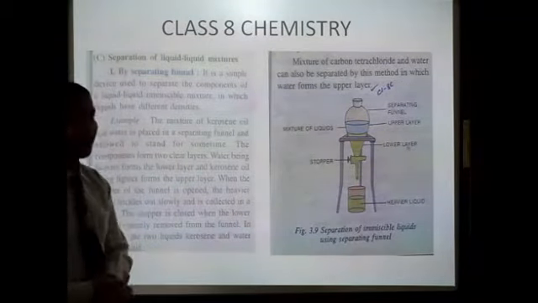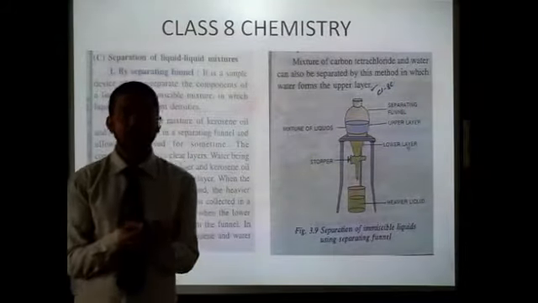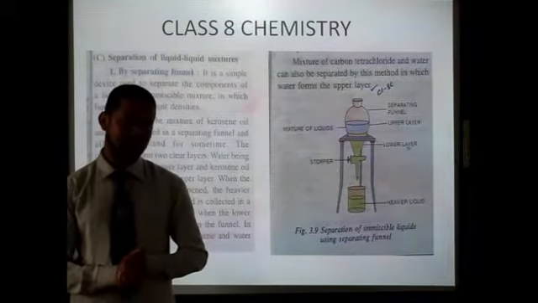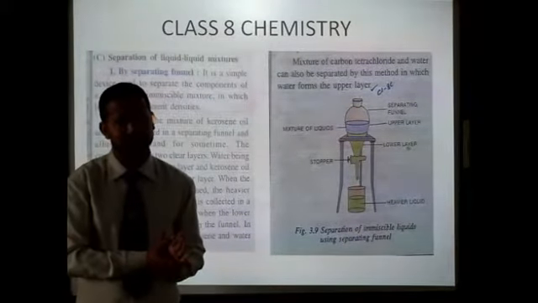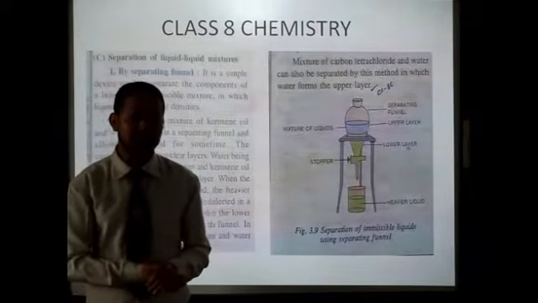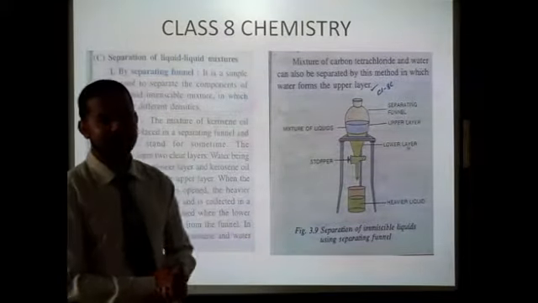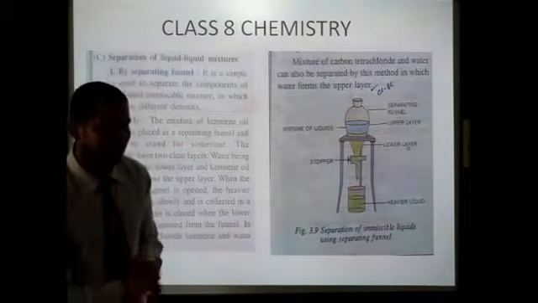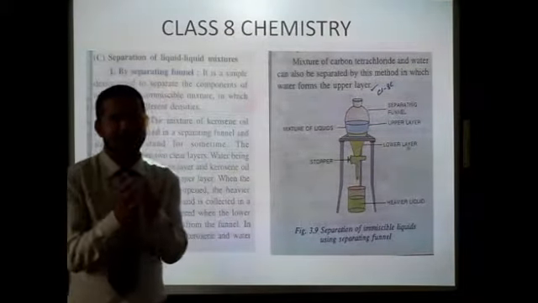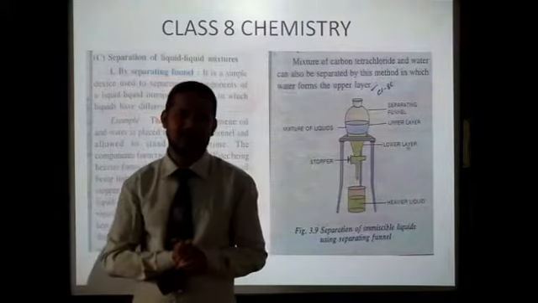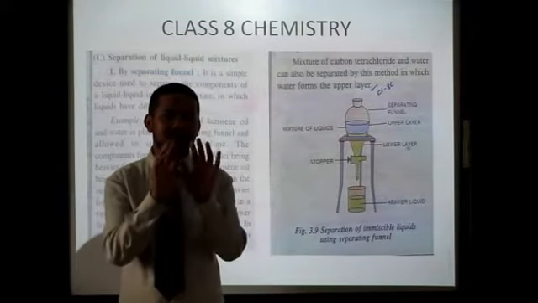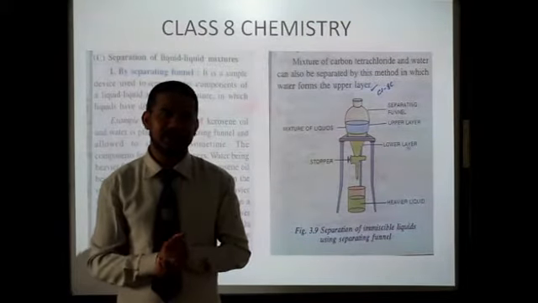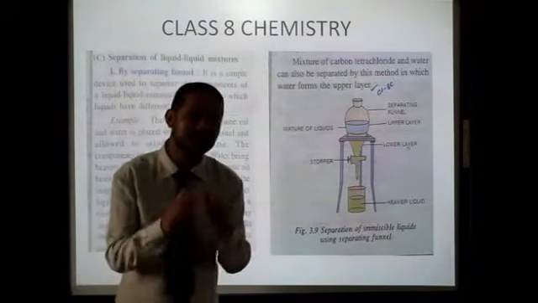But if I say kerosene oil in water, then kerosene oil is liquid, water is also liquid, so it will form a liquid mixture. But whenever you mix kerosene oil in water, can you see it mixing thoroughly, homogeneously, uniformly?